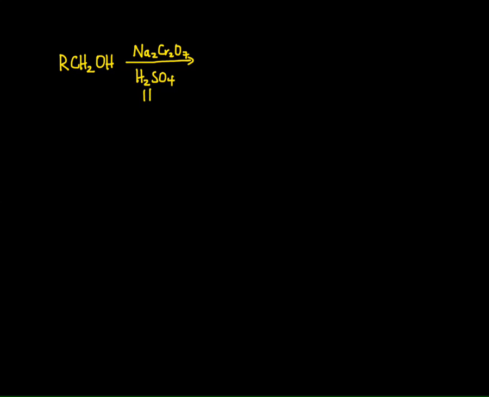Now if I take again a primary alcohol and instead treat it with sodium dichromate in sulfuric acid and water with heat, I can generate a carboxylic acid. So notice now I am oxidizing it completely, oxidizing that primary carbon to a carboxylic acid.